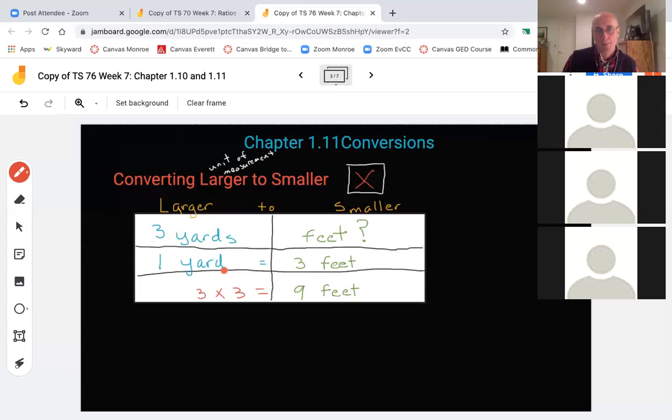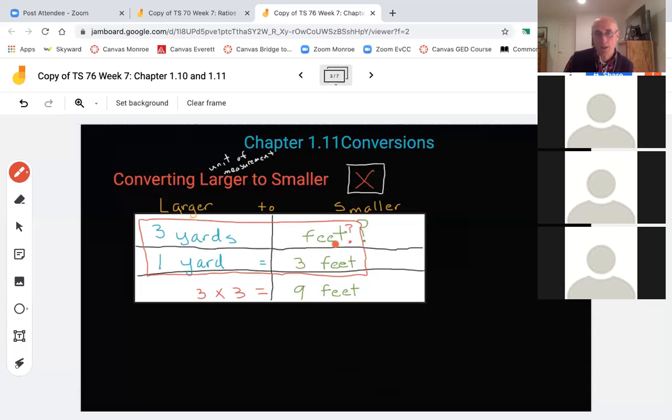Okay, so now basically we're done with our chart here. I'm trying to figure out how many feet that is. The rule says I'm supposed to multiply 2 numbers. Well, let's look at what's left to multiply. Just think about what I have in these 4 squares here. I can't multiply the feet because this is a question mark.